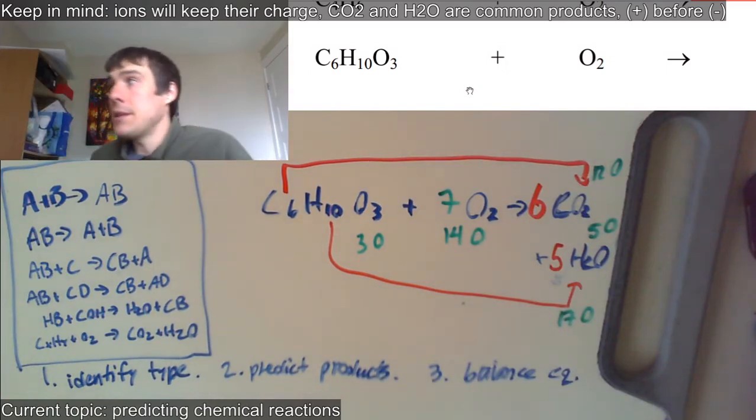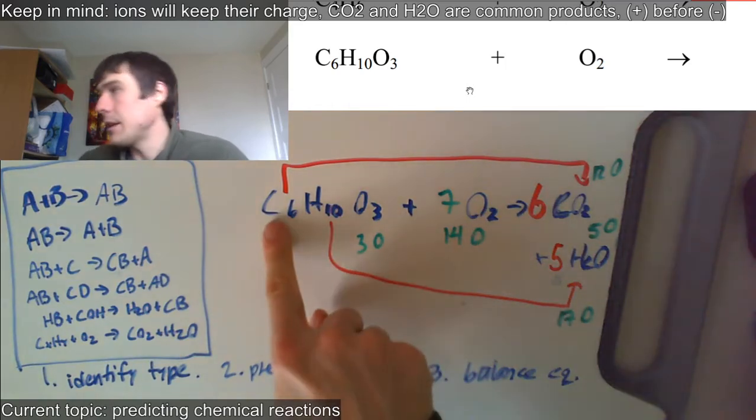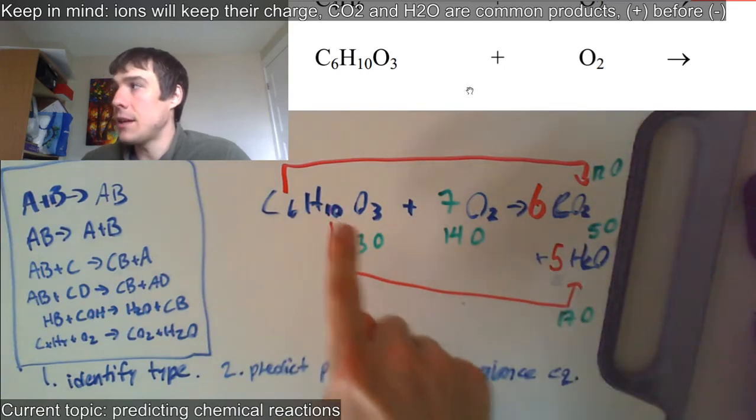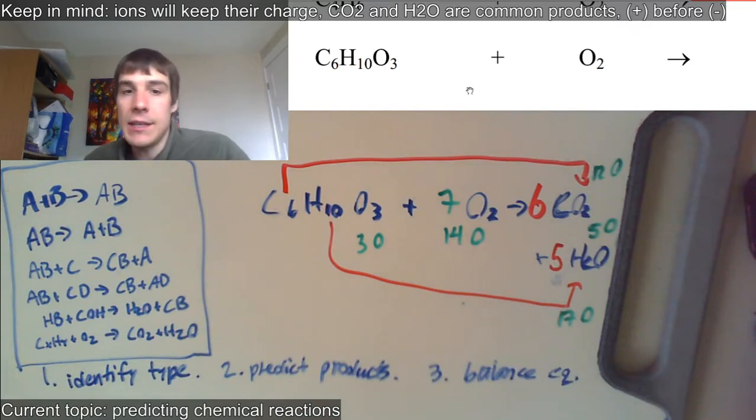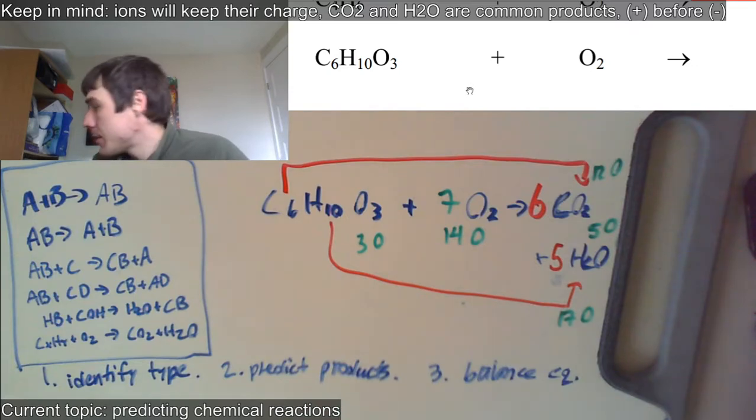So that is balancing some combustion reactions. Those typically are relatively easy to balance because you have this direct relationship: the carbons make CO2, the hydrogens make H2O, and then you can balance it out with that single reactant, that single oxygen.